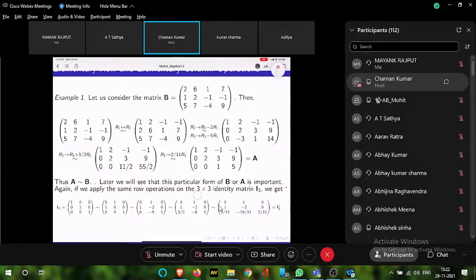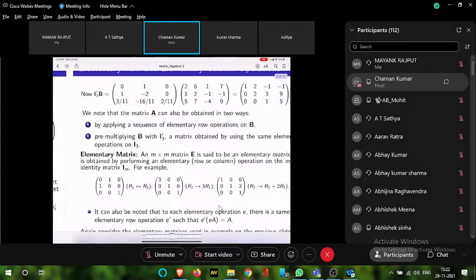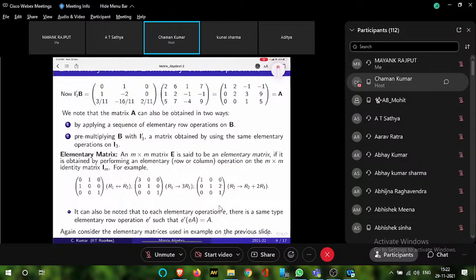Now what we do here is calculate this product. We take I3 dash, this new matrix that we have obtained by using the same elementary row operations on B, these operations used on the identity matrix. Now we multiply I3 dash, and keep in mind this is pre-multiplication.